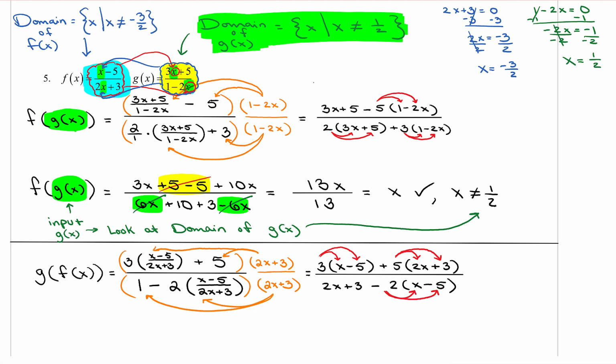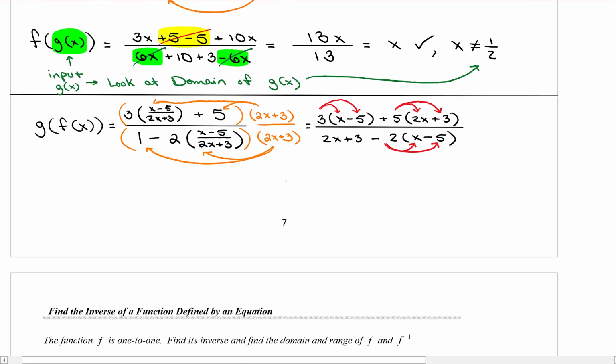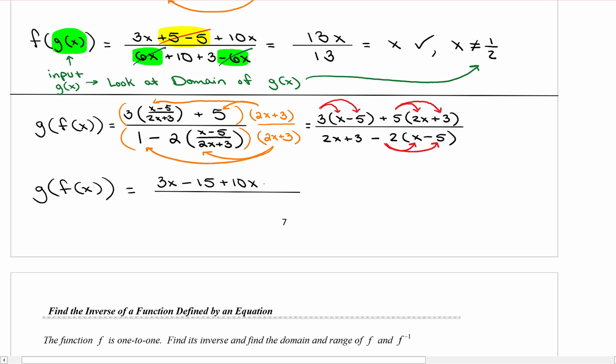Let's go ahead and rewrite this out because there's lots going on here. G of f of x is going to be equal to, let's do a fraction bar, 3x minus 15 plus 10x plus 15, over 2x plus 3 minus 2x plus 10.